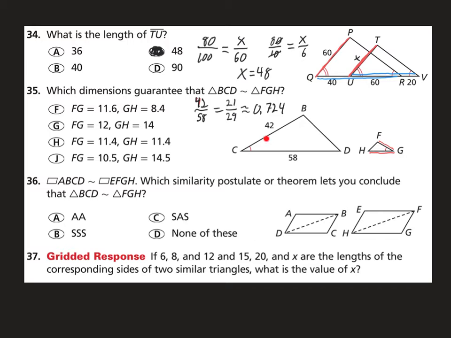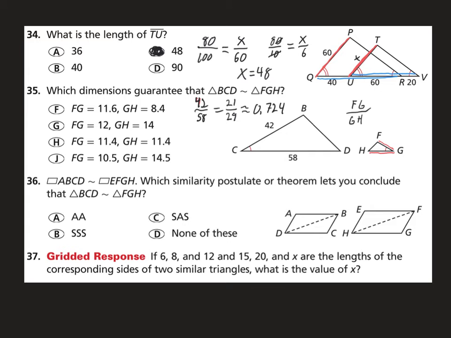So when you did 42 and 58, it's the smaller one here over this one here. So when we divide these, we need to be comparing FG compared to GH. So going to divide this left number here by the right one, and if it equals 0.724, then that's the correct answer.